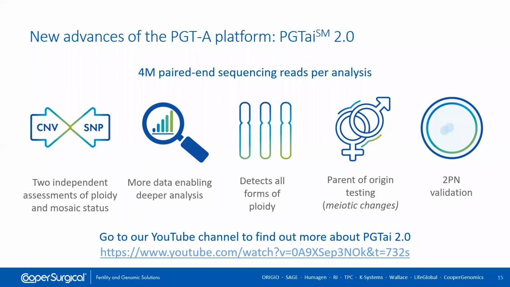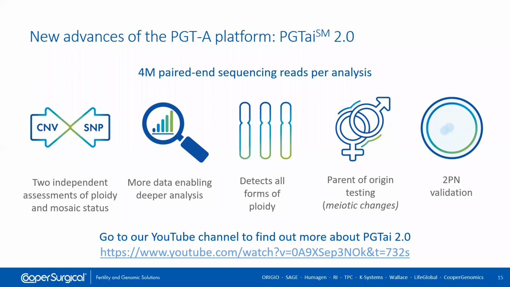That more data allows a deeper analysis, which includes, for the first time for a PGT-A platform, SNP analysis, single nucleotide polymorphisms. Now that gives us 2 independent assessments of ploidy and the mosaic status. And that is important. If we're going to subcategorize embryos, let's be sure that we are accurate in our measurements.